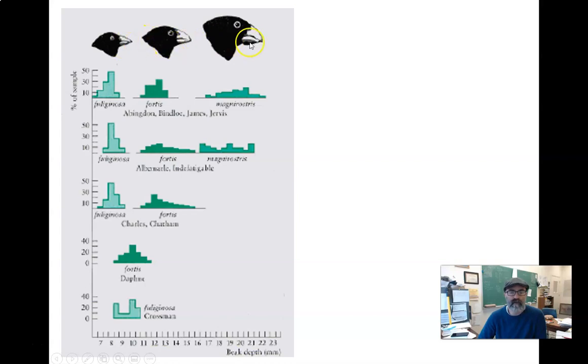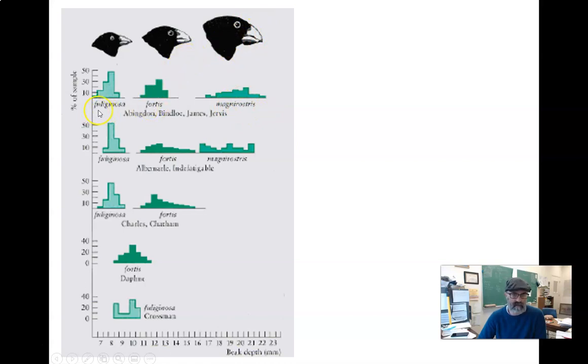Niche in finches is largely determined by diet, and what kind of food is available to you is determined by your beak. If you have a big thick beak like this species, I'm not sure what the genus is, but the species is magnirostris, magna being big, rostris being nose, so it has a big rostrum, big beak.